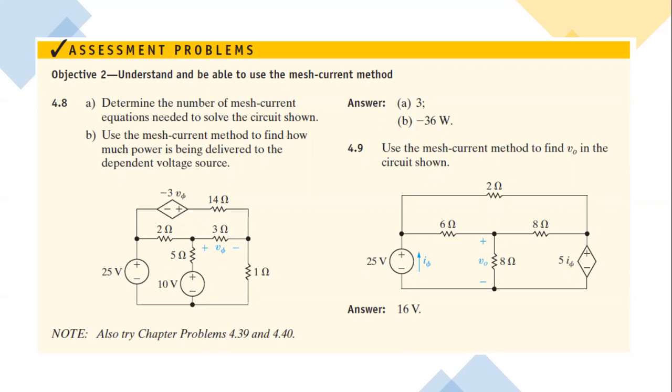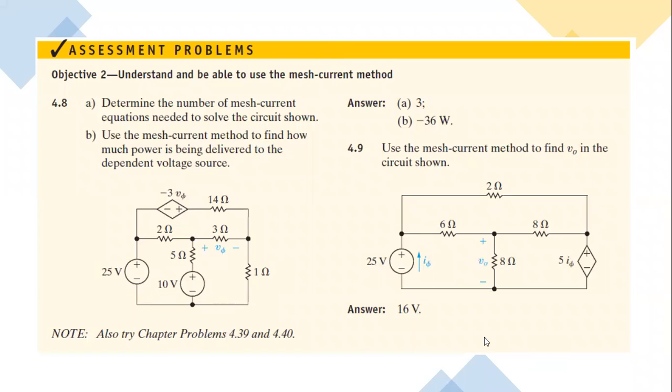How many independent sources? 1. How many dependent sources? 1. How many essential branches? 6, exactly.